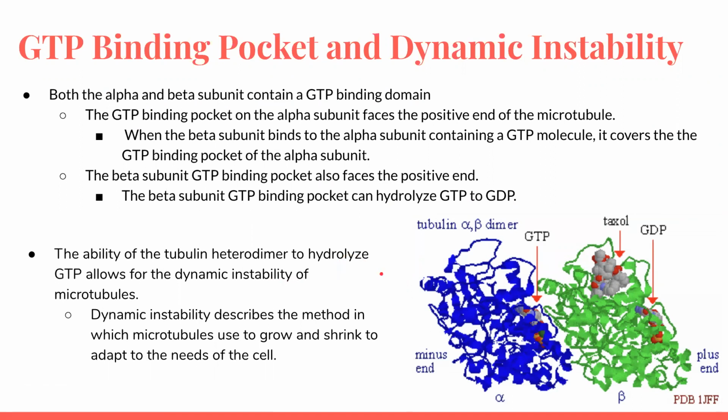So the biggest thing with microtubules that Laura likes to talk about is dynamic instability in the GTP binding pocket. Both the alpha and the beta subunit contain a GTP binding domain. The GTP binding pocket on the alpha subunit faces the positive end of the microtubule.